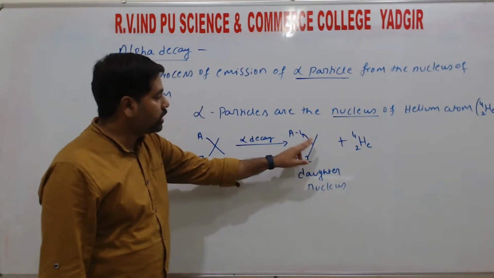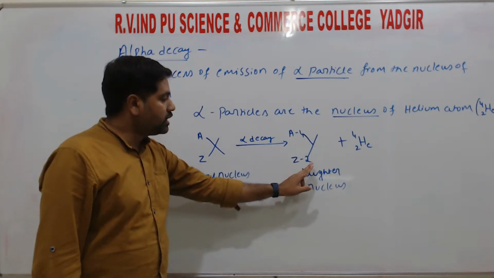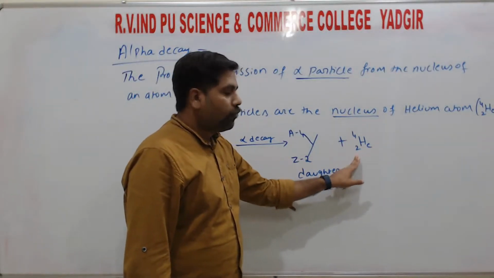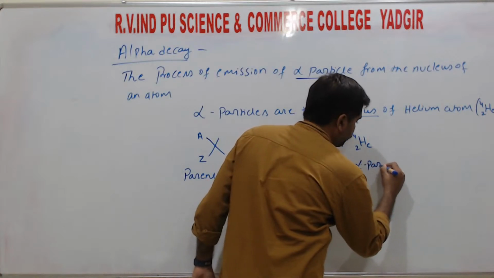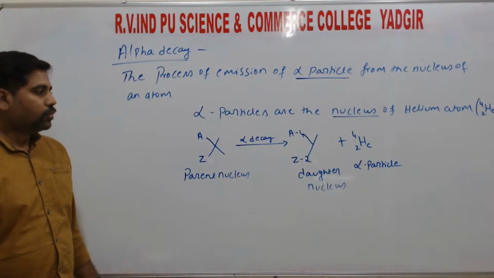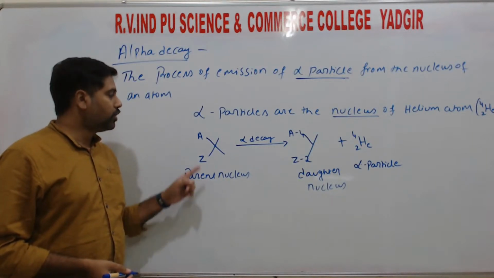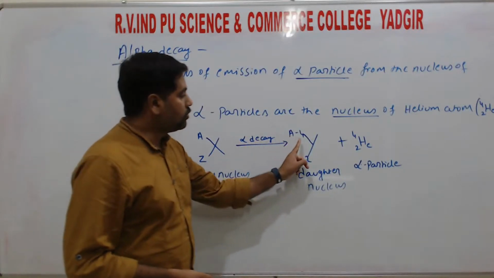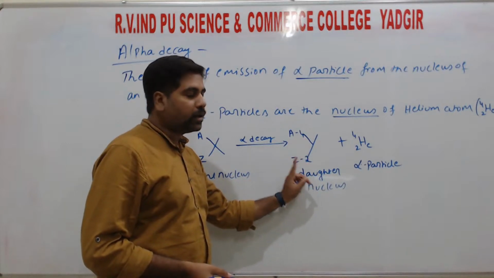In this daughter nucleus, the mass number decreases by 4 and the atomic number decreases by 2. The particle He 4 2 we call the alpha particle.